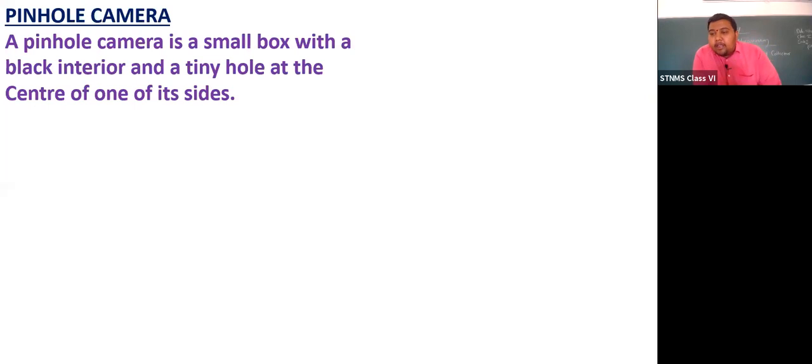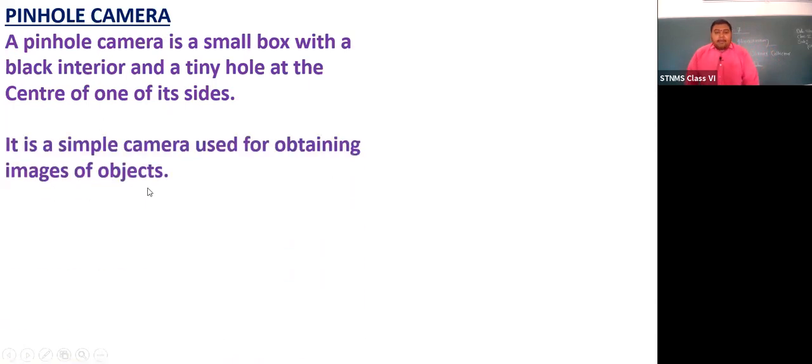Why? Because it must be light proof. We are using black color to cover that box, because black color is always light proof. It does not let any amount of light enter through it. That's why we are using a black interior for the pinhole camera.